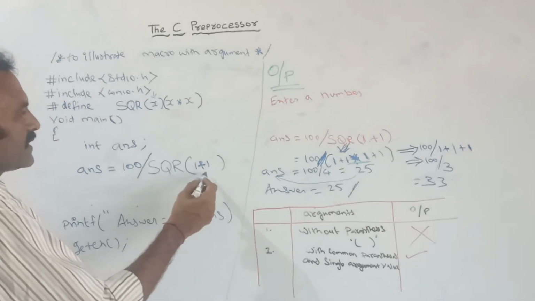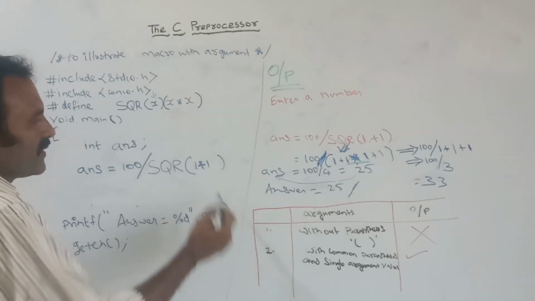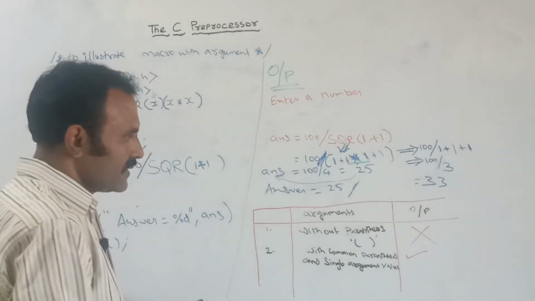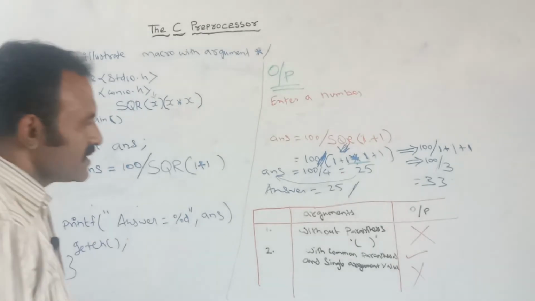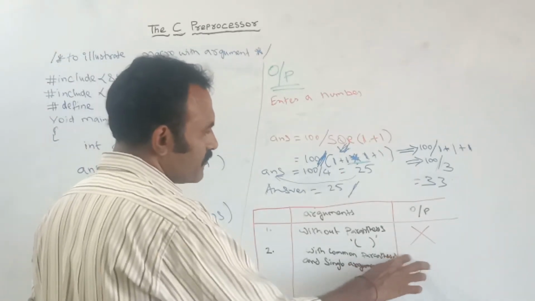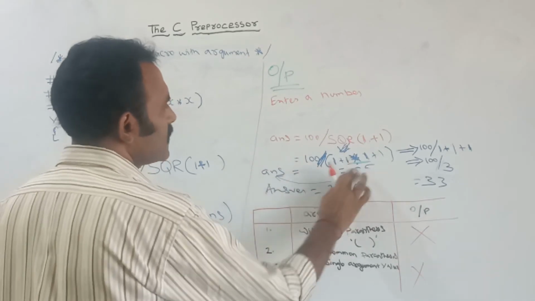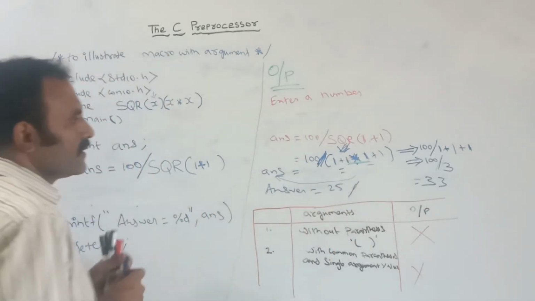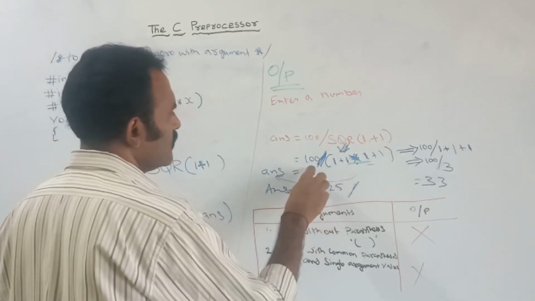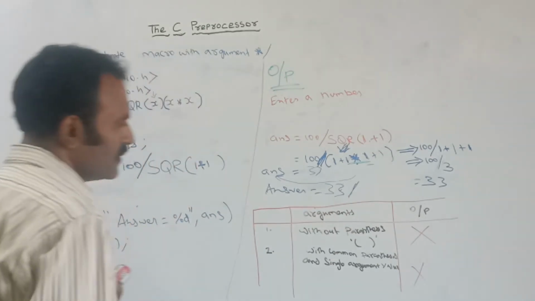If you are giving an arithmetic expression, multiple values, then the output will be false. So this is also the wrong way. Here the answer will be 33, so this result is also wrong.